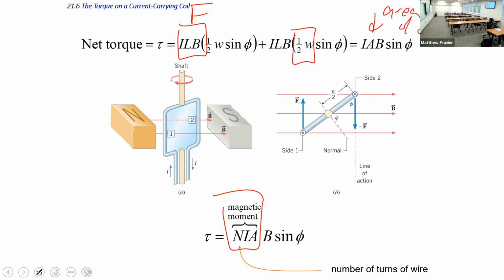So this seems like a sort of superfluous thing, as we don't really need to define magnetic moment, except when we get down to atomic particles, we'll find that basically any charged particle has a magnetic moment. It acts like a small loop of current. So this is a concept that extends further beyond coils we can build in the lab.